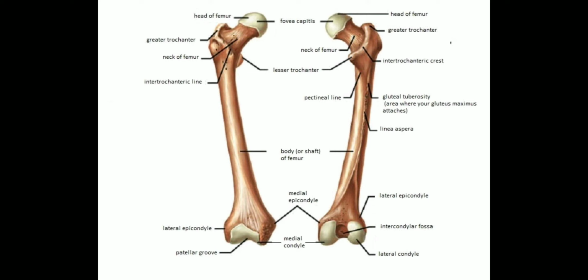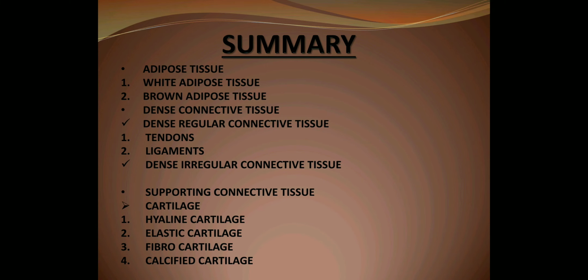Let's see the quick summary of what we studied today. We studied the details of adipose tissue. In that, we know there are two types of adipose tissue. One is white, other one is brown. Then we studied dense connective tissue. In that, we studied dense regular connective tissue, which consists of two parts, that is tendons and ligaments.